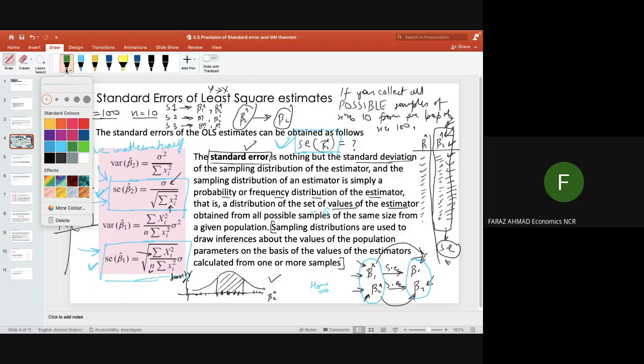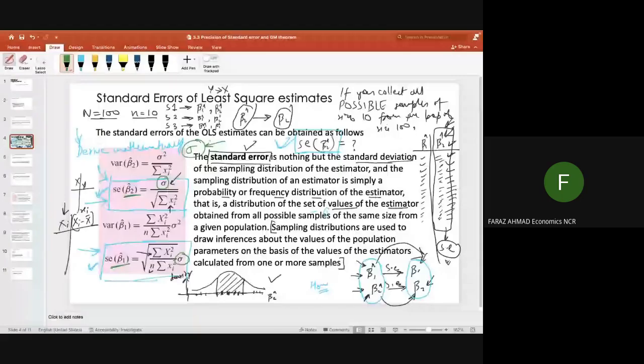Small x you can get from capital X, and you have capital X. The only problematic thing is this thing in this formula and this thing in this formula. Rest is the x, capital or small, and sample size n, which you have. So to understand these two formulas, we need to understand what is this sigma. How do we get this sigma, right? Now let us talk about sigma.